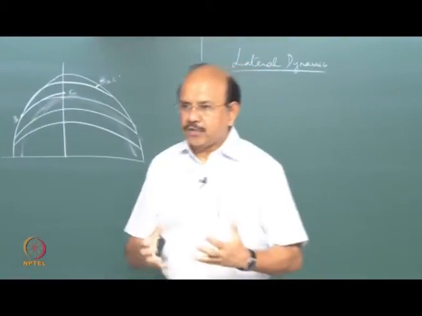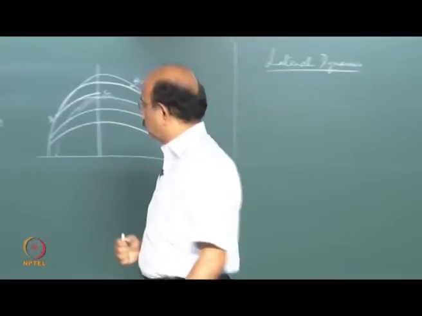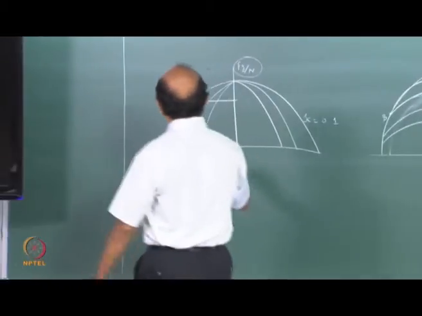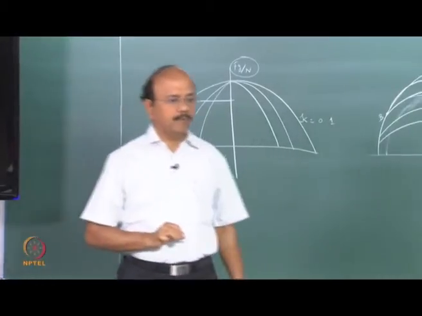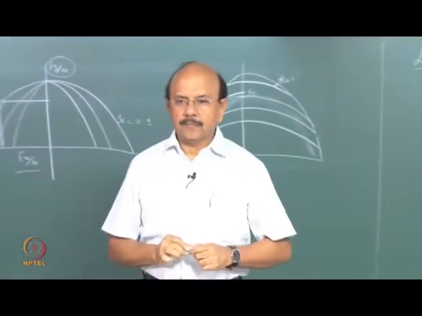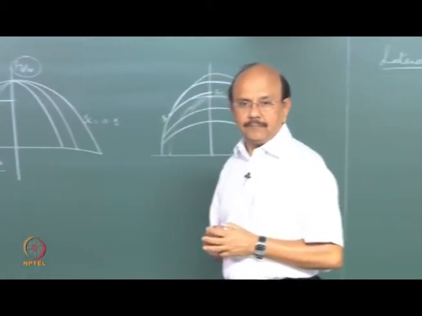Assume that you are at the edge of the friction circle or ellipse, as you can call it. Or in other words, you are, say, at this position. In other words, you are making use of all the friction that's available, right?